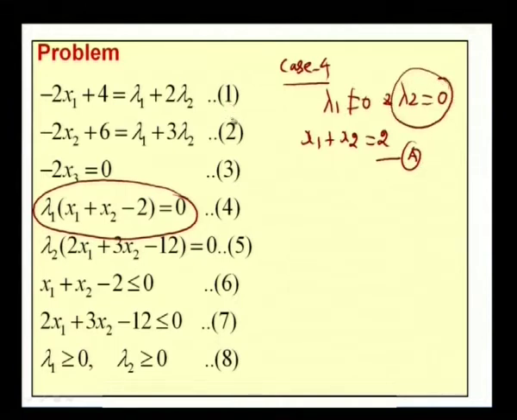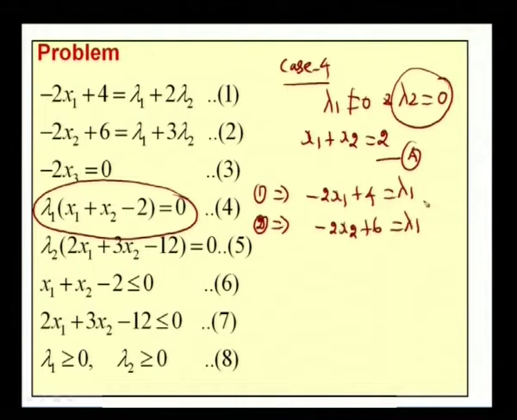By making use of equation 1 and 2, taking lambda 2 equal to 0, equation 1 gives us minus 2 x1 plus 4 equal to lambda 1, and equation 2 gives us minus 2 x2 plus 6 equal to lambda 1. We name it as equation B, and this is C.